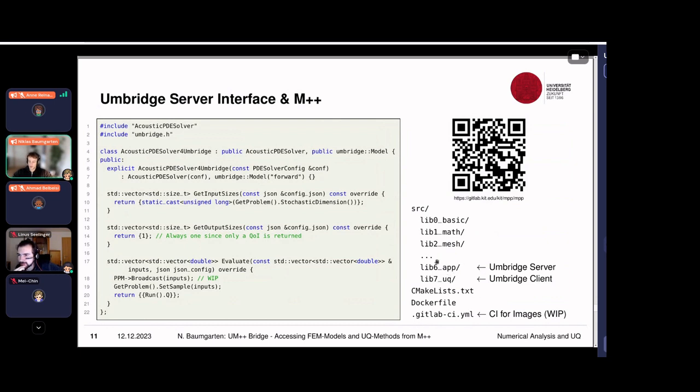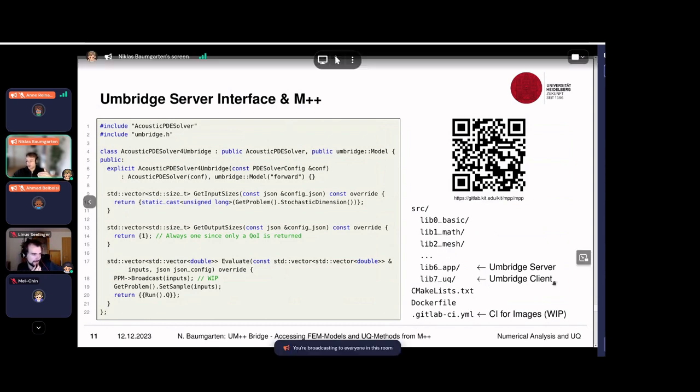In this library, the PDE solver classes are basically stored. And this is where we hook in the Umbridge server. And then below that, that was actually my PhD thesis, developing this additional UQ library for the solver. There we can hook in the Umbridge client. And here this budgeted multi-level Monte Carlo and also some other UQ methods are implemented.